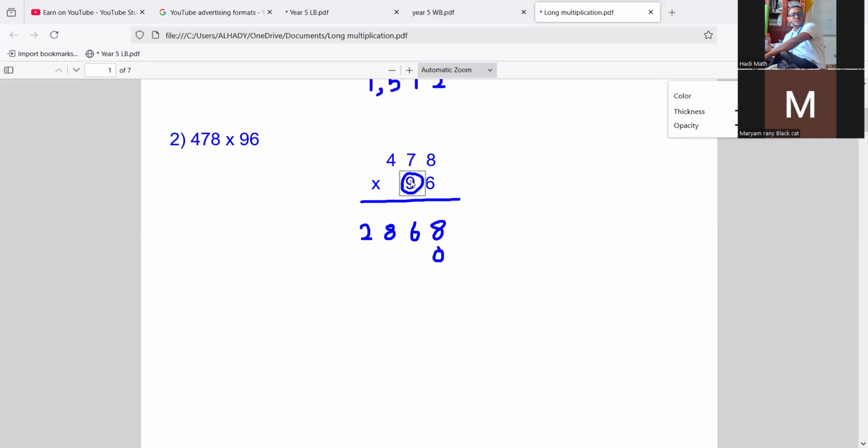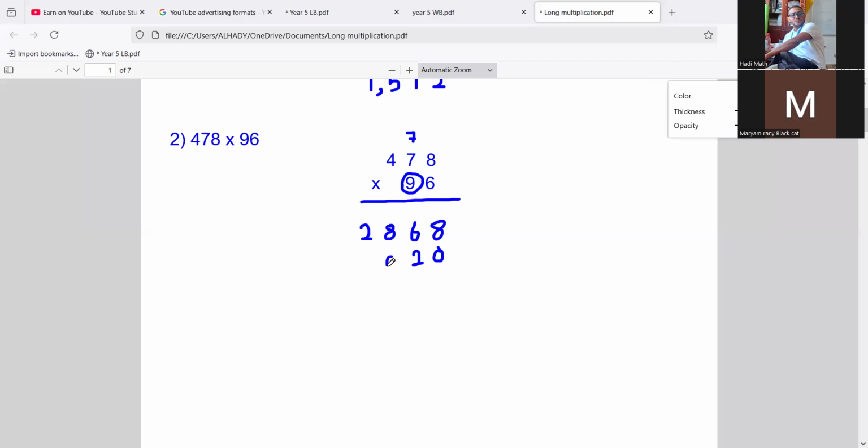And then you multiply. 9 multiplied by 8 is equal to 72. Then you write down the 2 and you carry over the 7. Now you multiply 9 by 7 equals 63. 63 plus 7 equals 70.